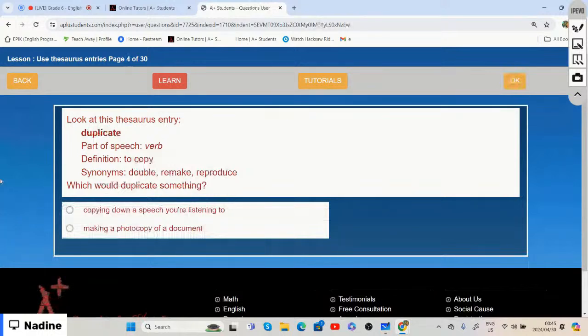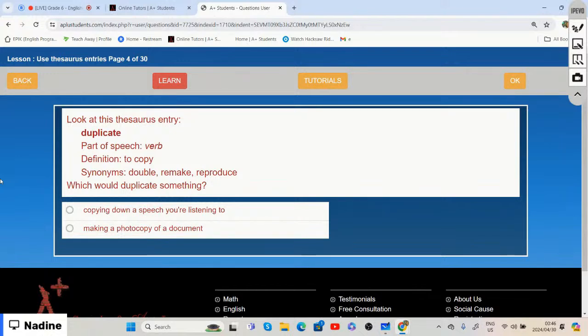Duplicate. The part of speech of duplicate is a verb. The definition is to copy. Synonyms of duplicate are to double something, to remake something, to reproduce something. So duplicate is like to copy something. Now, which would duplicate something?